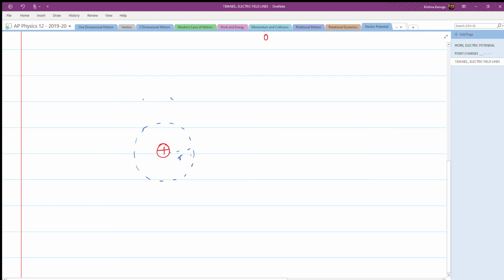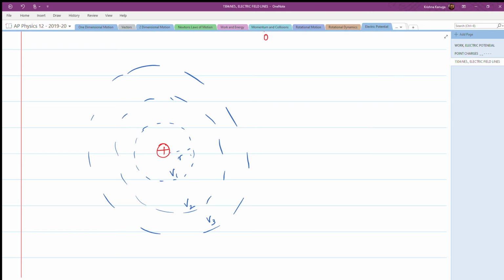At another distance we could draw a second isoline, and so on and so forth. So each of these circles would be isolines. We can say that the potentials are V1, V2, V3, and we can do the same stuff that we've done in the case of a point traveling from one potential to another potential. We can find the work done, we can find potential energy changes, all using all the ideas that we already know.